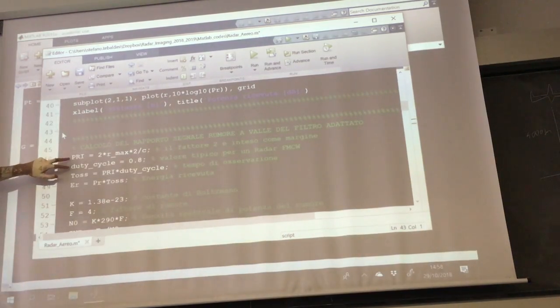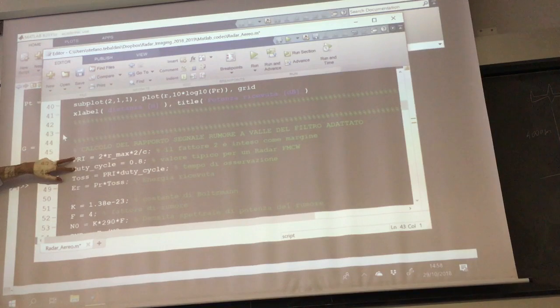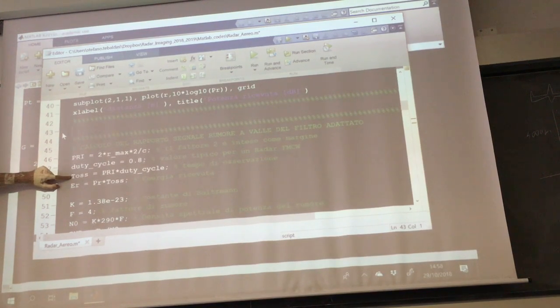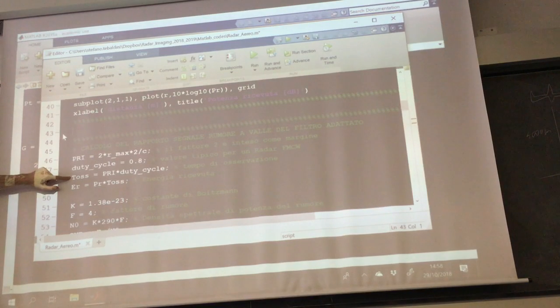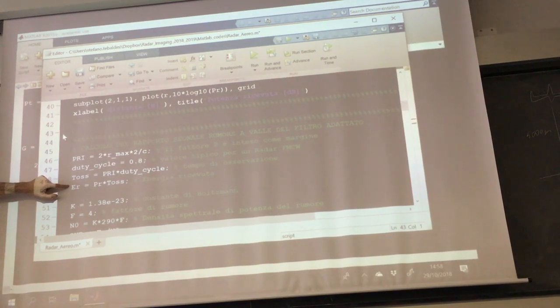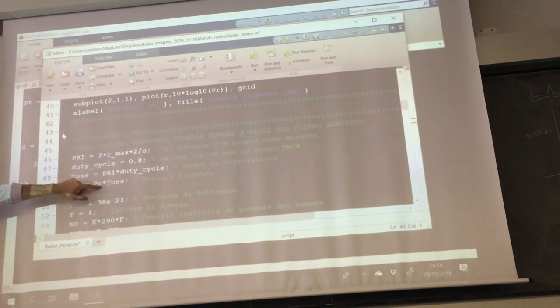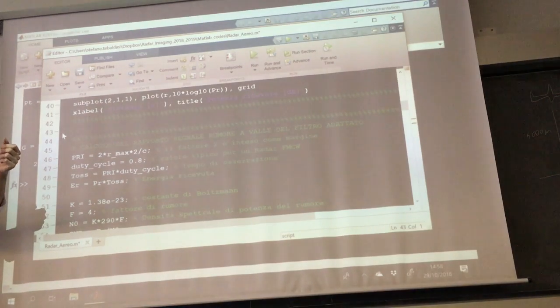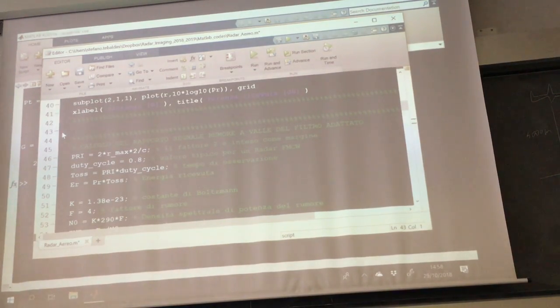These two elements, I will comment on these two parameters the next time. This is your total observation time, so this is the length of the signal you are transmitting. The energy of your signal is simply obtained as the power times the total observation time, as we just said.